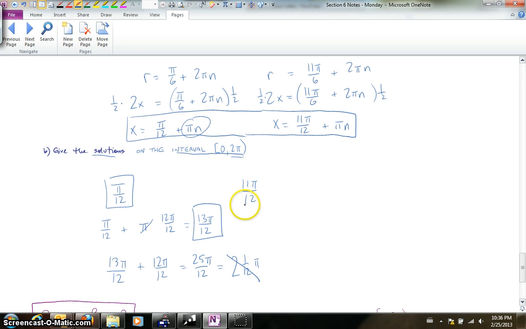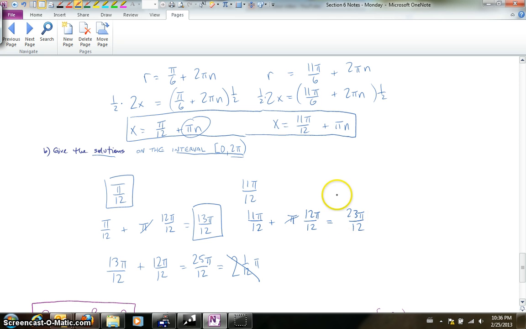All right. But what if we add another pi to 11 pi over 12, because it says 11 pi over 12 plus any full pi. So we're going to try that as well. 11 pi over 12 plus just pi, which I can write as 12 pi over 12, is going to give me 23 pi over 12.